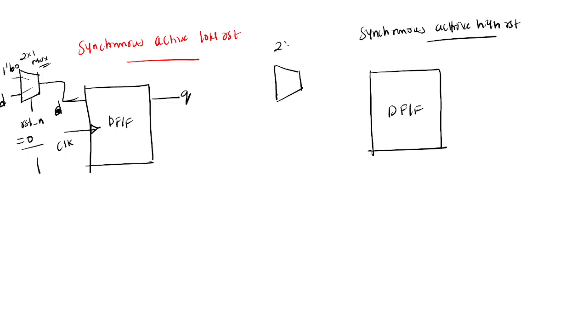This is the reset pin. When reset is active high, you need to connect 1 tick binary 0, and here you need to connect D, and this is given to the input, and the clock is there, and this is nothing but Q.